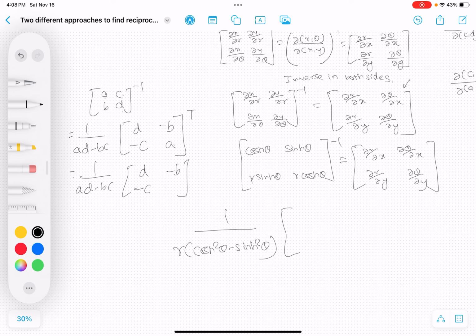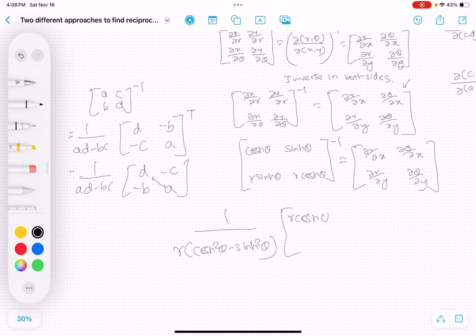So this is d, a. These are the main diagonal and the other diagonal. If I take the transpose, these two will interchange actually, right? So the only thing that happens is the main diagonal is interchanged and for the other diagonal just the sign changes.